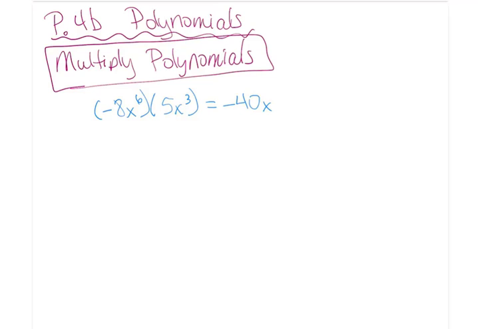And what are we going to do with our exponents? Are we going to add them or are we going to multiply them? Anybody remember? Yeah, these ones we add, right? Because it's the product property. Yep, so it would be the 6 plus 3. So negative 40x to the 9th. Okay?